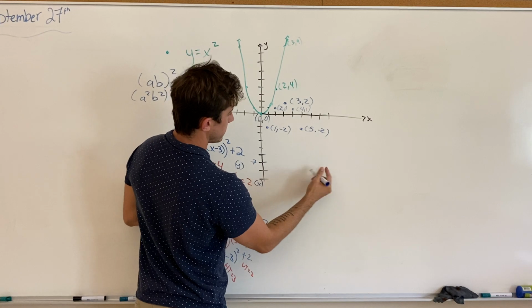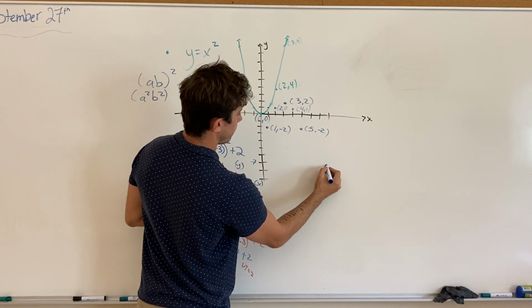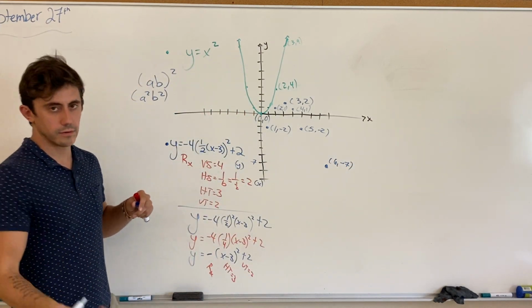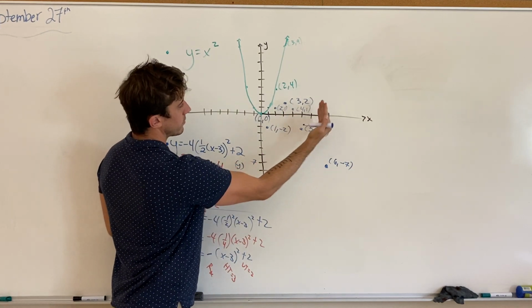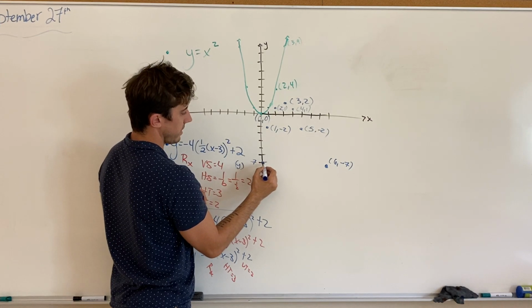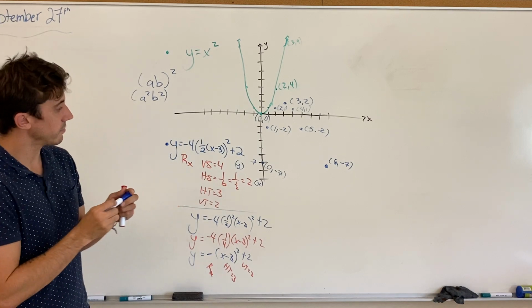So that'll be around here, somewhere around there, 6 and -7. And by, once again, an argument of symmetry, the vertex means 3 over, so over 3 and down at -7 for the point at (0, -7).